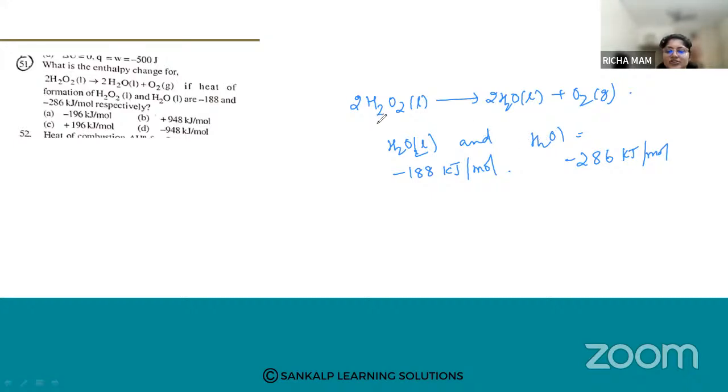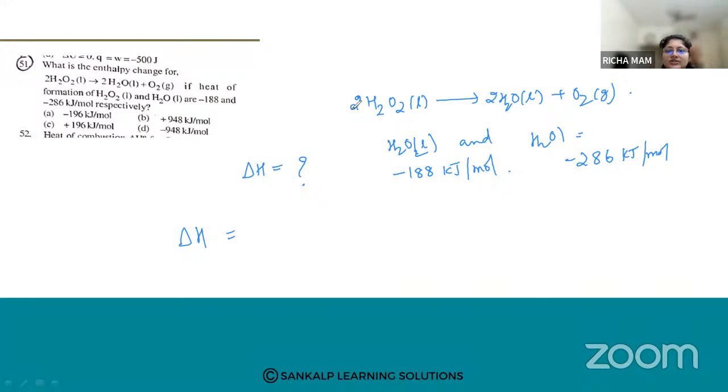So the reaction is 2 H2O2 liquid giving you 2 H2O plus O2. What do you have to find? The change of enthalpy, that is delta H. So you have to use the heats of formation.